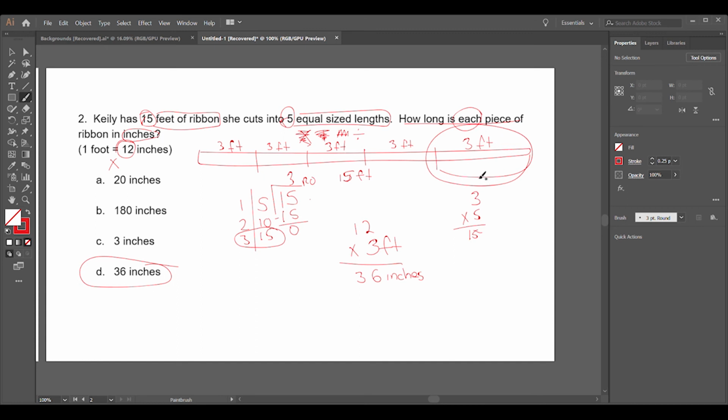So I took one of my pieces, I multiplied it by my magic number because I'm going from a big measurement down to a little measurement, and that gave me the answer of 36 inches. Not as hard as maybe we might have thought it was.